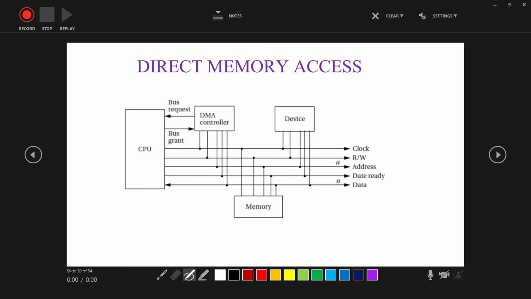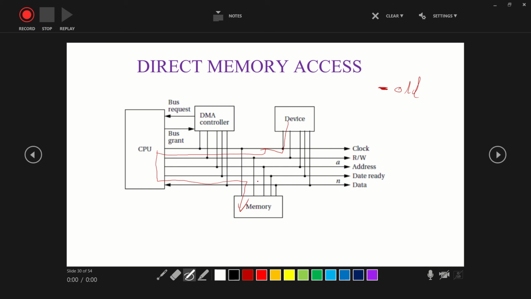Now we are going to see this. This is the CPU, central processing unit. This is the DMA controller. This is the memory and then the device. I want to transfer data. First, this color is the old method. If you want to transfer data from the device, the data flows into the CPU, and again it is returned back and then stored in memory.